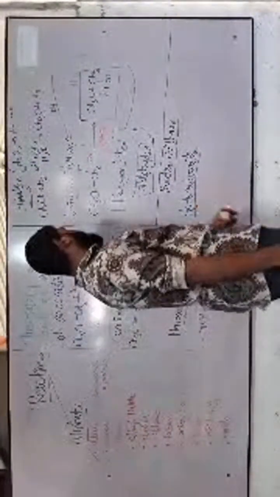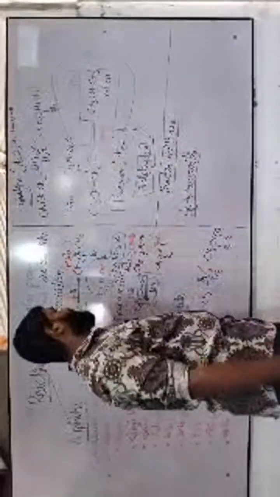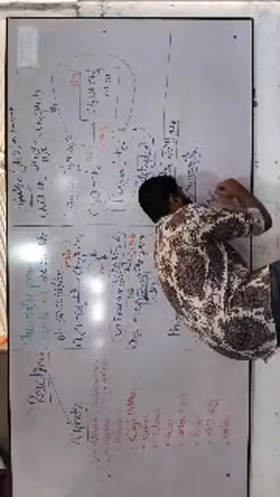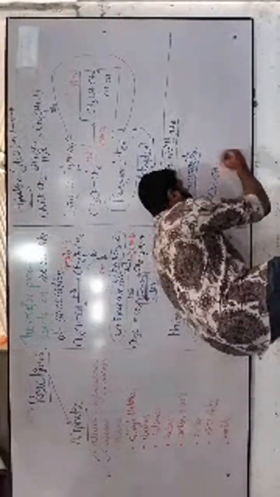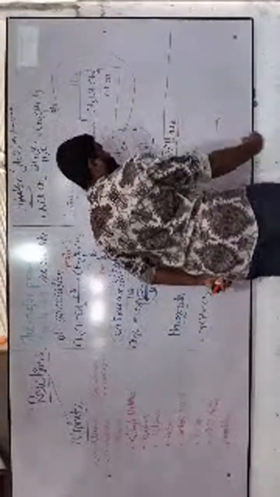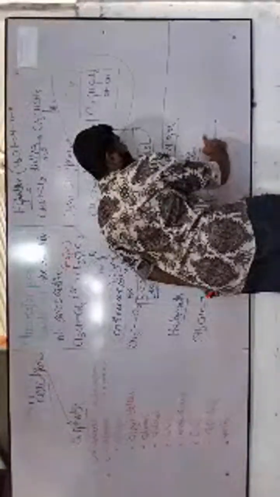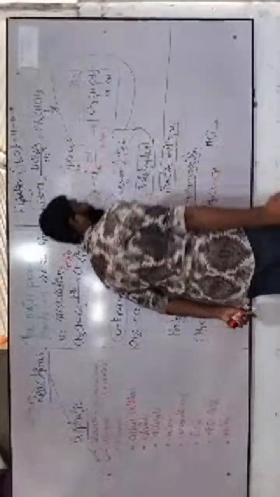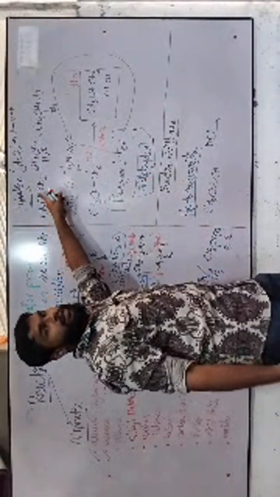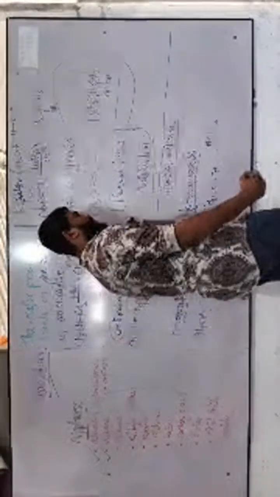In hydrohalogenation, if you take a compound and put HBr or let's say HCl, according to the Markovnikov rule, again don't forget, the products will be determined.